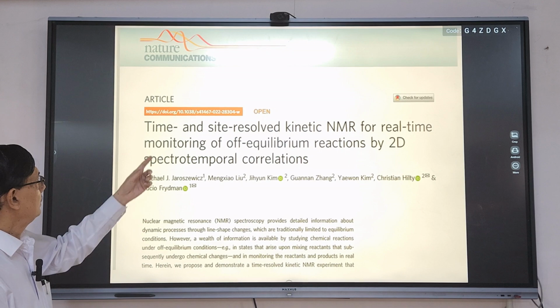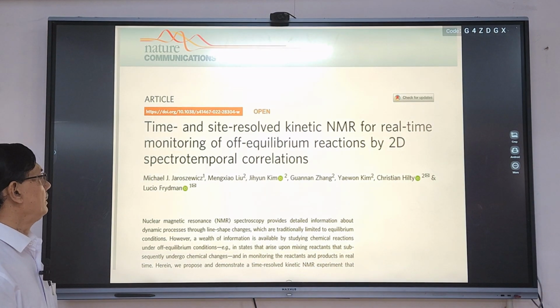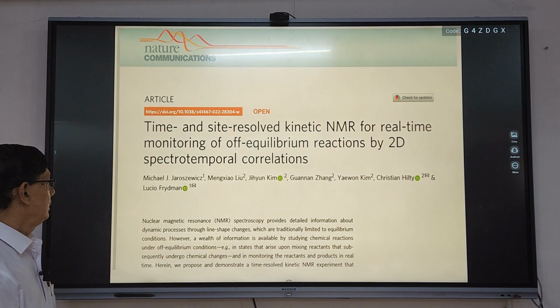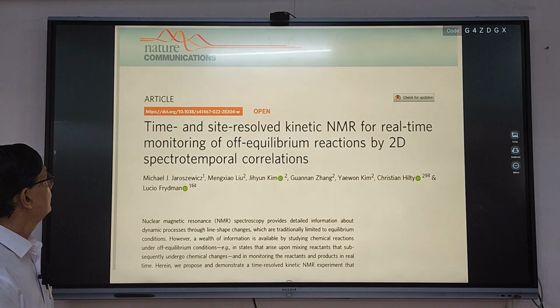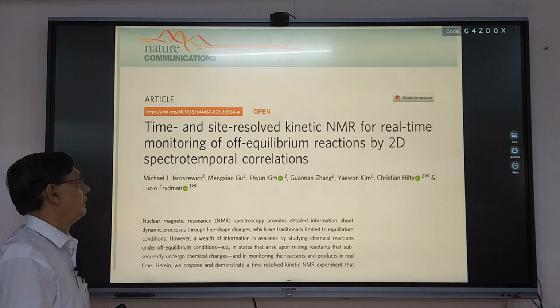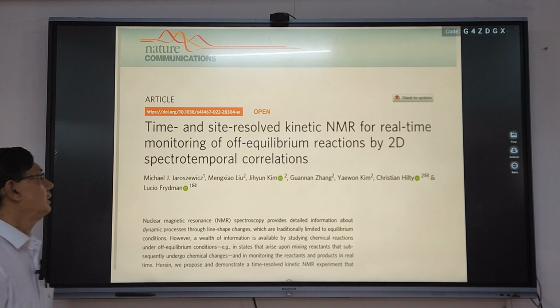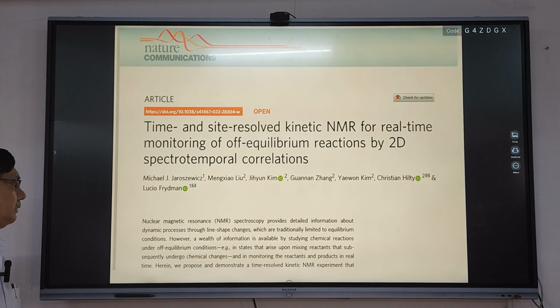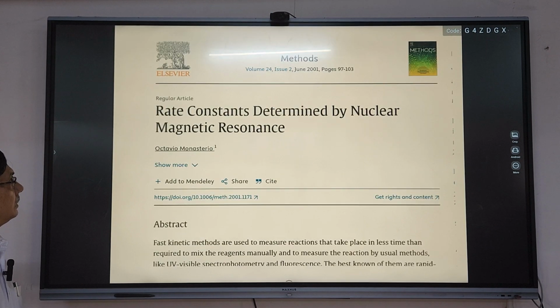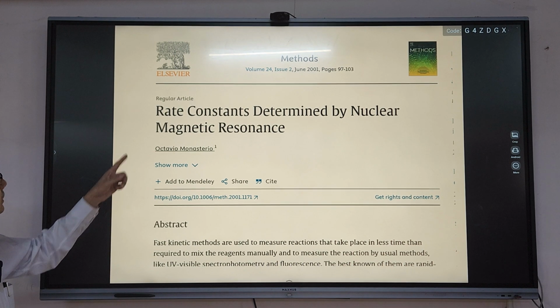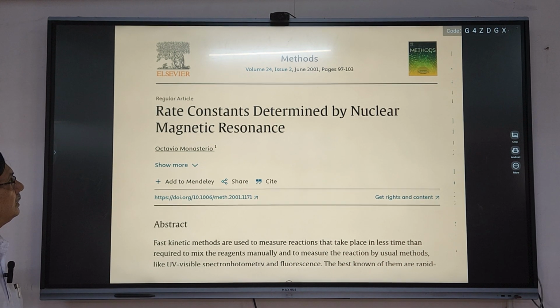And that is also a very important paper: time and site resolved kinetic NMR for real-time monitoring of any types of very fast reactions. This paper is also very important, that is rate constant determined by the nuclear magnetic resonance method.